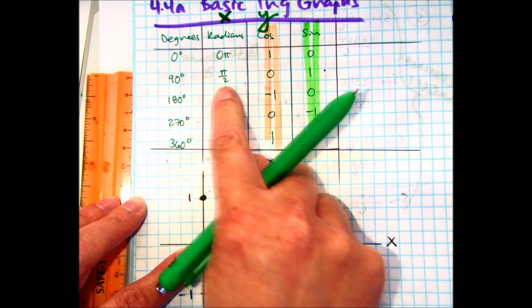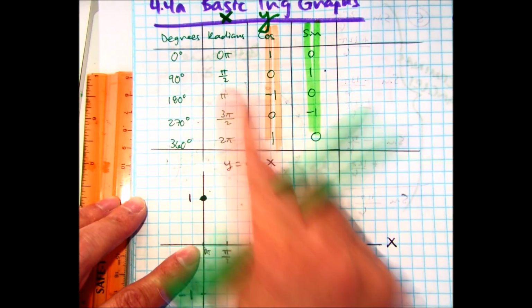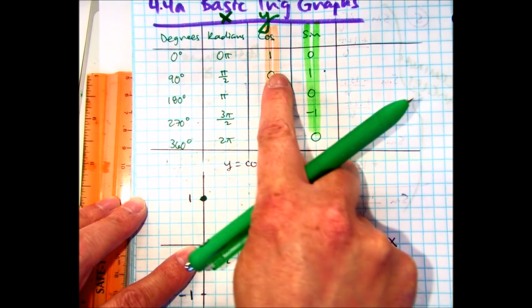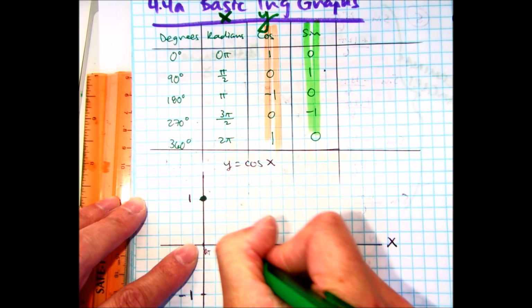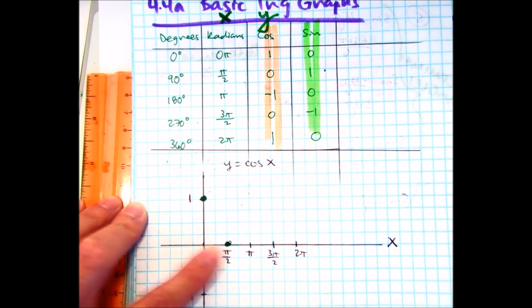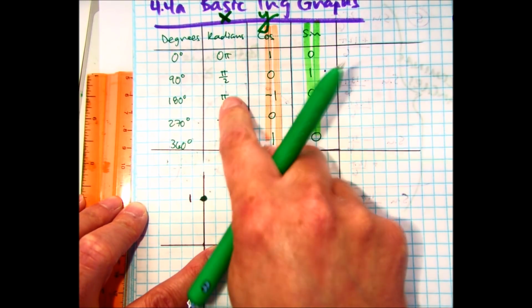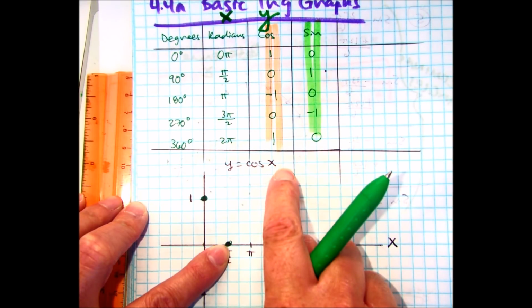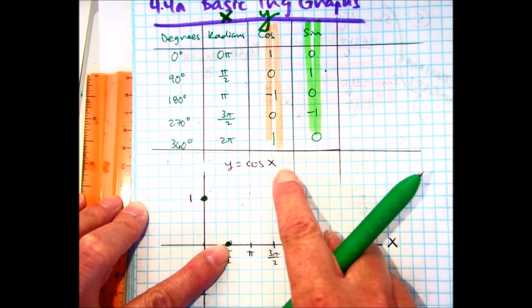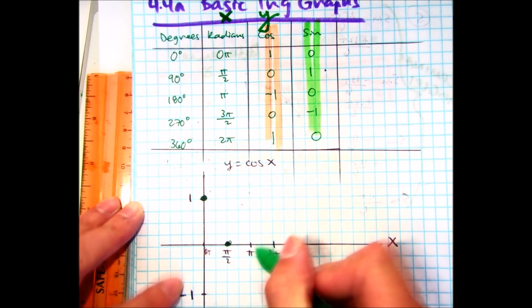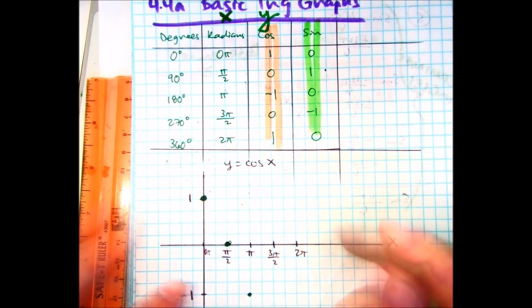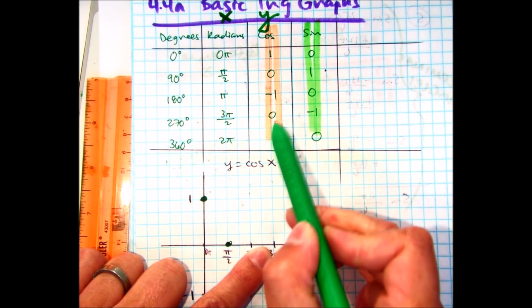And then if I put an x value of pi over 2 here, cosine of pi over 2 is 0. If I put an x value of pi in here, cosine of pi, if you evaluate that using your quadrantals, you'll get -1. 3 pi over 2 is 0.